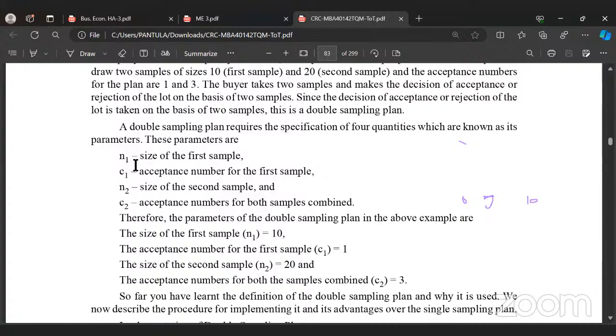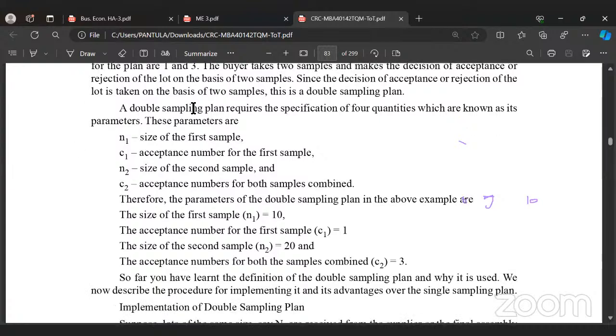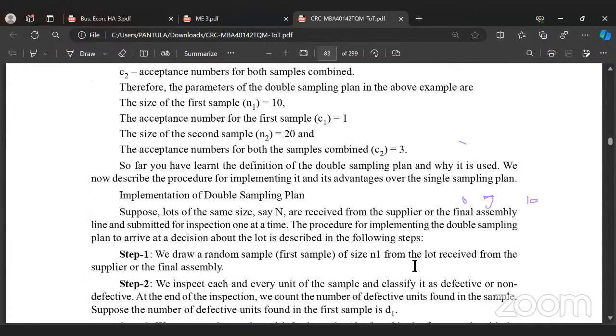So these are the parameters of the double sampling plan in the above example. N1, as already told, is 10, and C1 is 1. N2, the second sample, is 20, and C2 is 3. Now we are going to form the steps for implementing it.